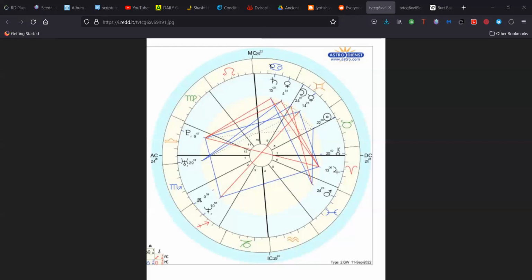Saturn also rules the 3rd, so that could explain. Now, Saturn doesn't rule the 3rd; he rules the 4th and is intercepted in the 4th only. Jupiter is the ruler of the 3rd, so that's the first thing. Secondly, I don't necessarily consider the 3rd house to be a house of communication.